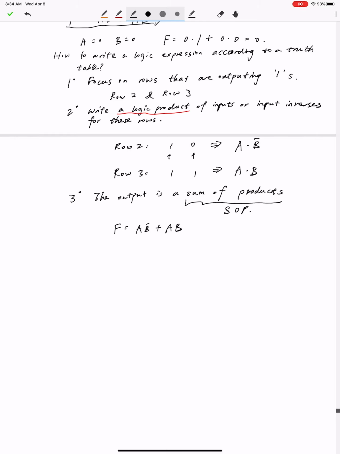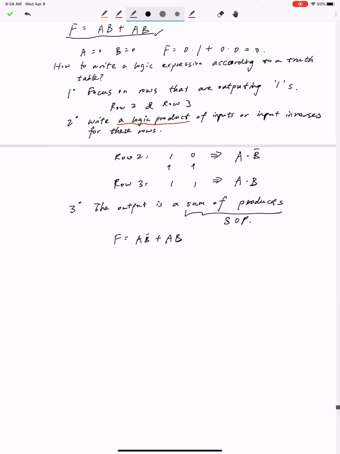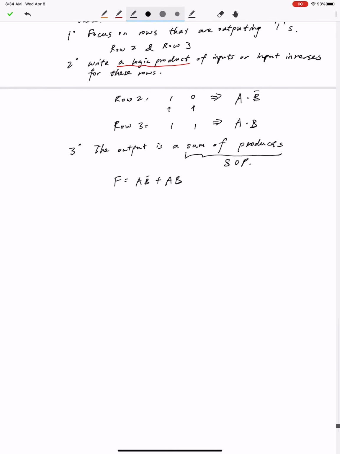Alright, so why do we need a logic expression? Because after we have the logic expression, we can draw the logical circuit, right? If you have two inputs, A and B, the first term is A times B bar. So we need original A, we need B bar, and we need to multiply them together using an AND gate. And then we have A times B, which means we just need the original A, and here we have a dot, which means these two lines are connected together.